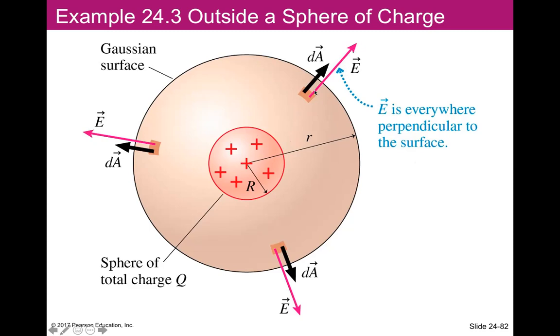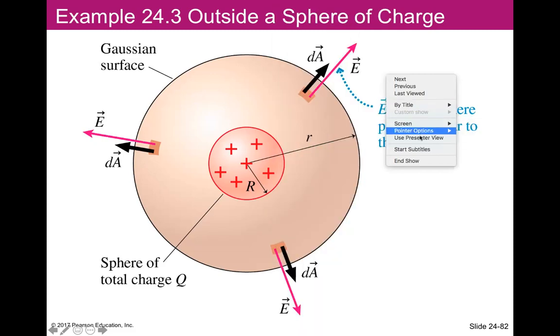So the magnitude of E should be identical on any area of this surface. And the direction is always going out, perpendicular to this surface, which is shown here. And the direction of the surface element is dA, shown here, so they're in the same direction. So theta between them is 0.